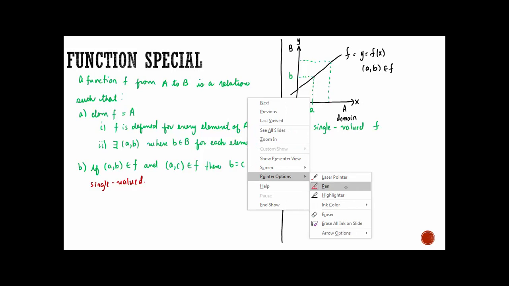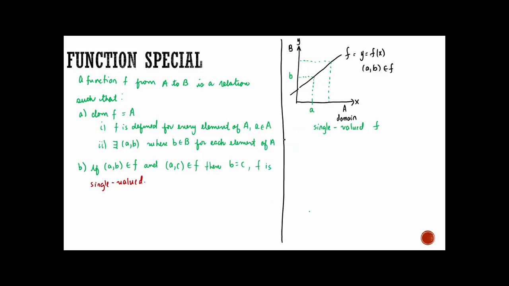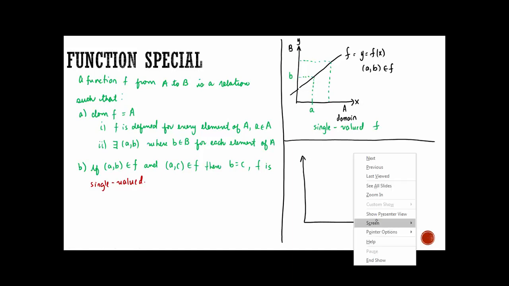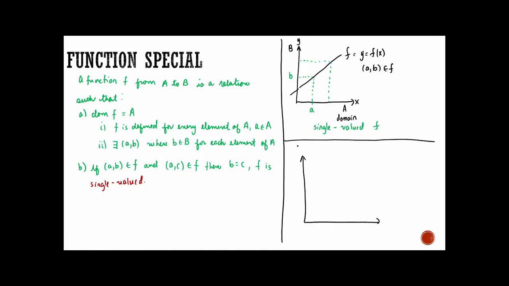An example of a function that is not single value is the following. Okay, so again we have a two-dimensional space here with x and y, and this is our domain, and this is our range. Okay, so one example of a function that is not single value could be a function like this, which is a step function.